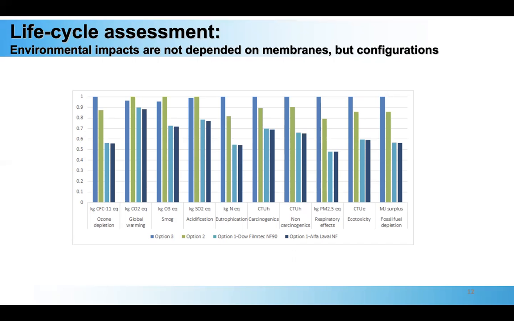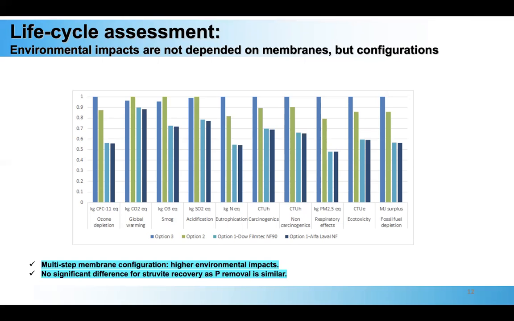We found out that the environmental impacts are not dependent on membranes. They are mostly dependent on the configuration. So a multi-stage membrane configuration would have higher environmental impacts compared to a single step.